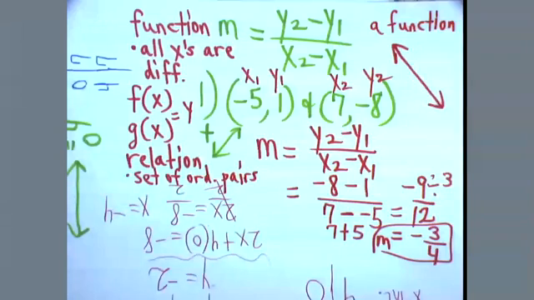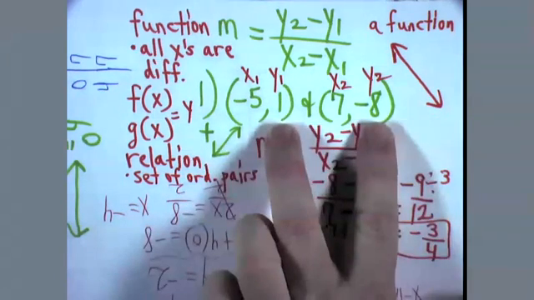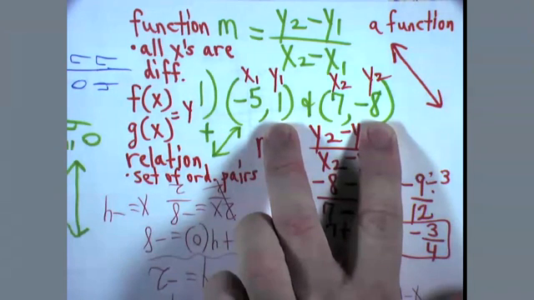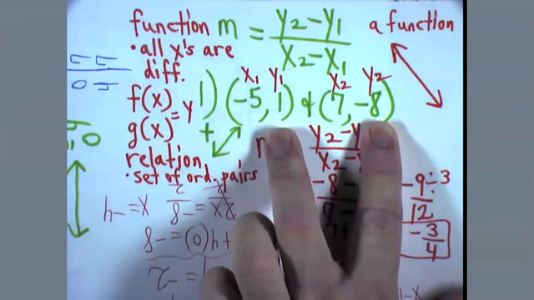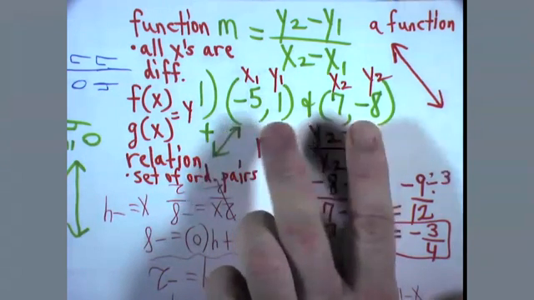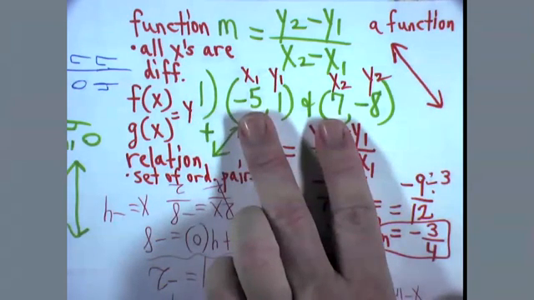Again, if your x-coordinates are totally different, then you have a function by definition. The y-coordinates can repeat as often as they want and still be a function, but the x-coordinates have to be different.